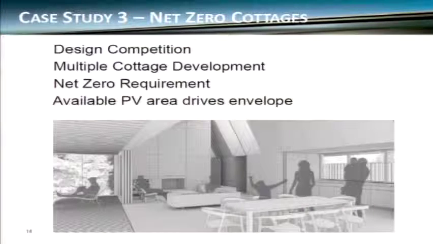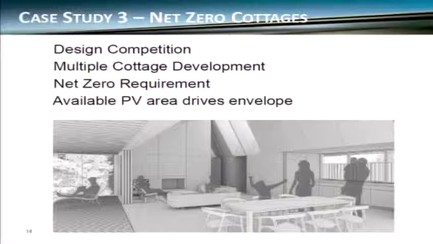And then finally, I'll actually start with this one because it's the simplest, a sort of single-family scenario. This is a design competition that looked at single-family cottages in a rural Ontario development, and it had a net zero requirement. So I wanted to just point out this very different objective had to meet net zero.